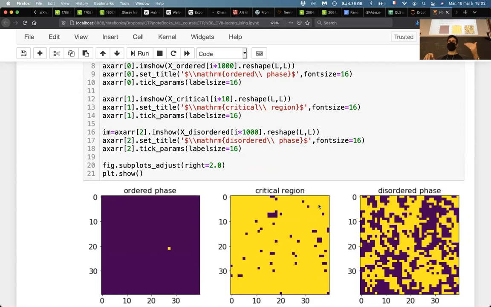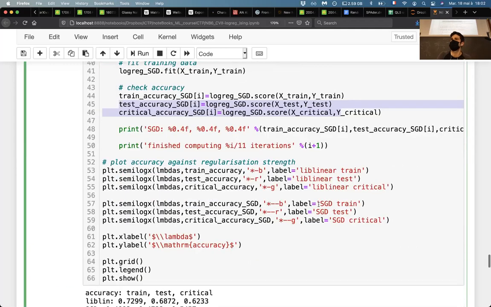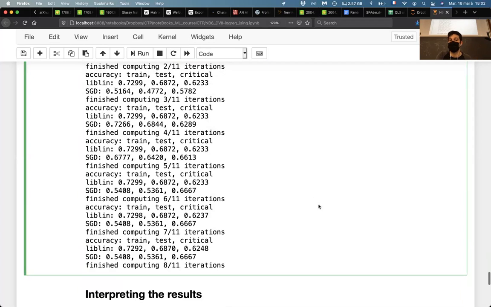So I'm only using states that were sampled at low and high temperature, but not at temperature close to the phase transition. But then I will test the model that I've learned also on critical points to see if the model is also good for these hard to classify states, just as a test. And we will see that the test performance on these states will be lower, because these states are just harder to classify, and we will observe it.